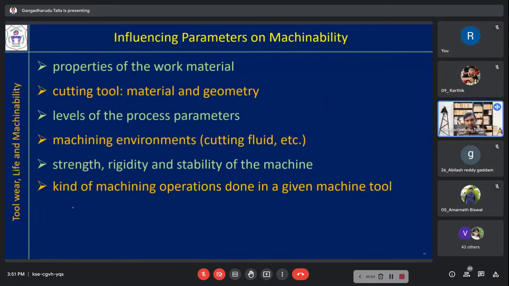Whether you are going for plain turning, facing, step turning, or some forming operation, cutting some shape, machinability varies accordingly. For plain turning, machinability may be good, but if you try some grooving operation using the same HSS single point tool, with the same workpiece material, there can be variation in machinability.